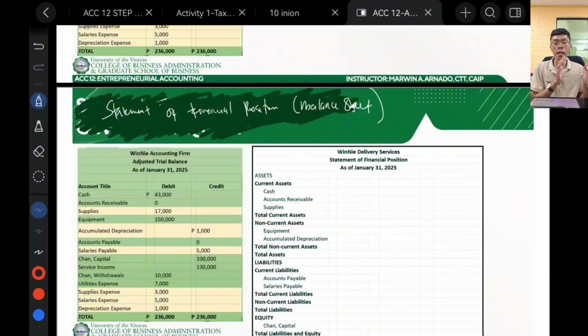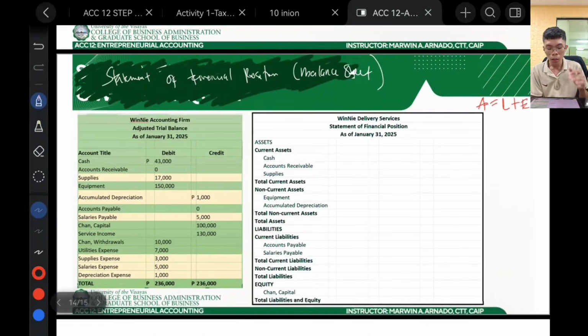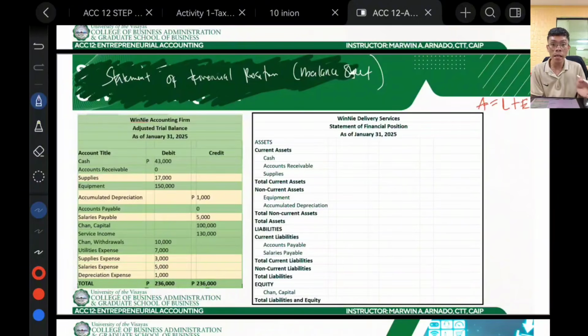If you recall in the accounting equation, your assets must always be equal to your liabilities plus equity. And that's also our goal here in our financial position, to make sure that our assets are equal to liabilities and equity. So again, we will just be using the balances that we have on the adjusted trial balance.